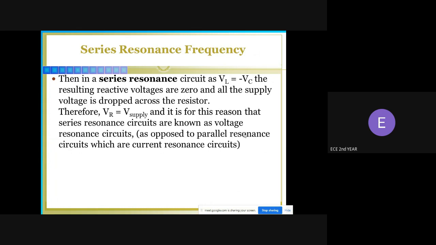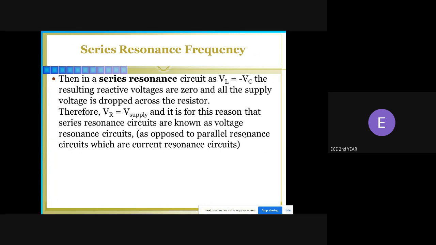Therefore, VR is equal to V supply, and it is for this reason that the series resonance circuit is known as a voltage resonance circuit, because whatever voltage is supplied by the source is given to the resistance only. So at the resonance condition, the source will always supply power only to the resistance, not to the inductor and capacitor.